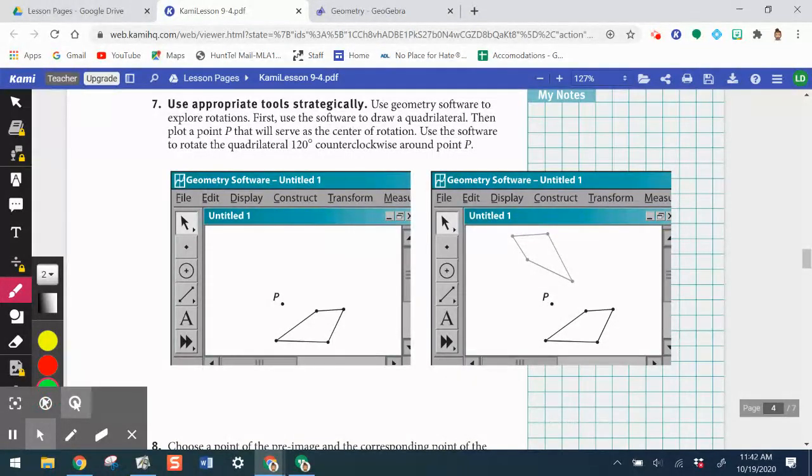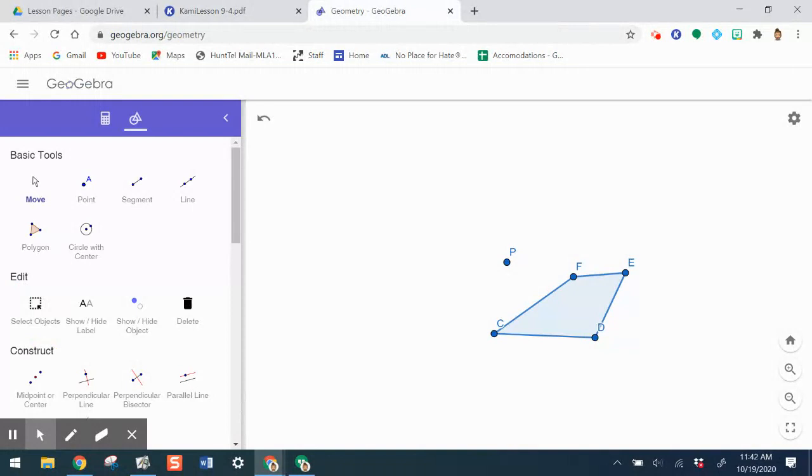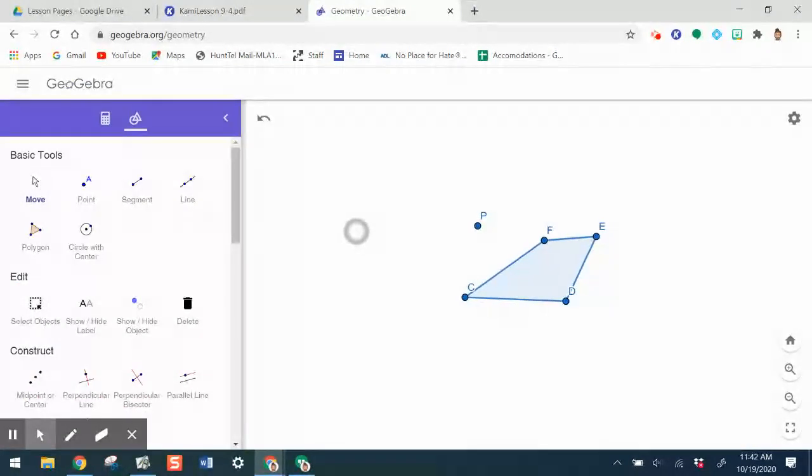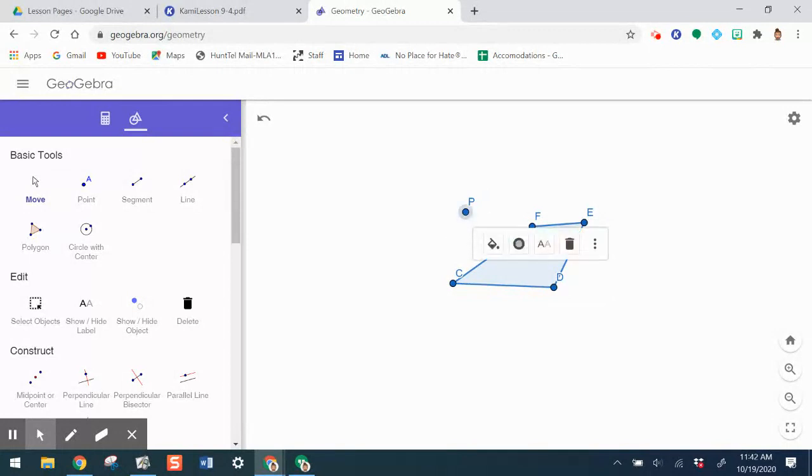So let's hop over to GeoGebra now. Notice I've already drawn a very similar quadrilateral, and I've also plotted the point P that will serve as our center of rotation.